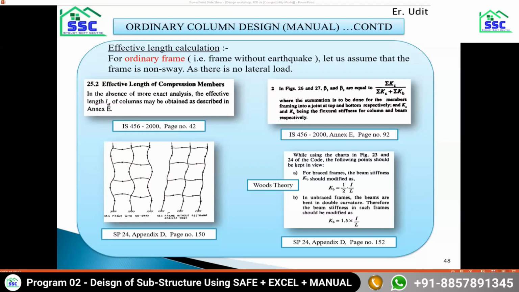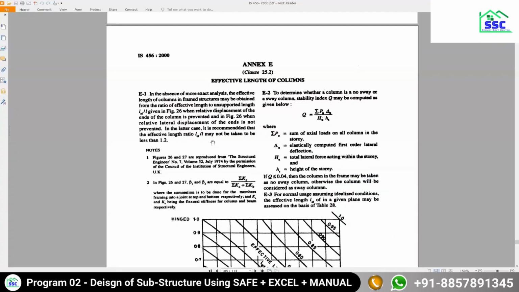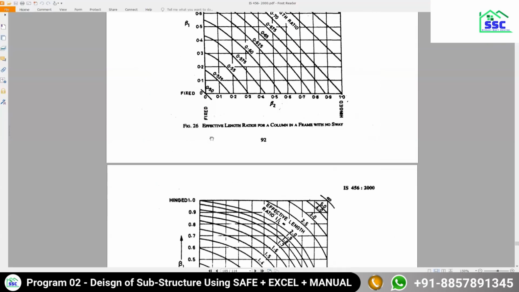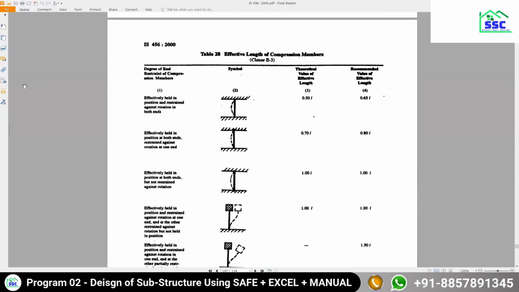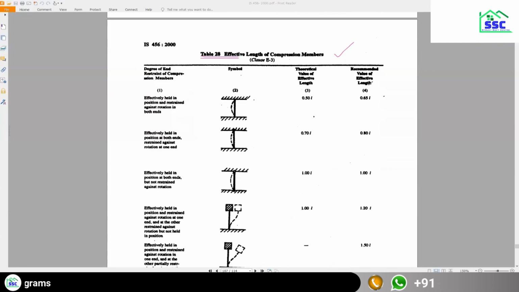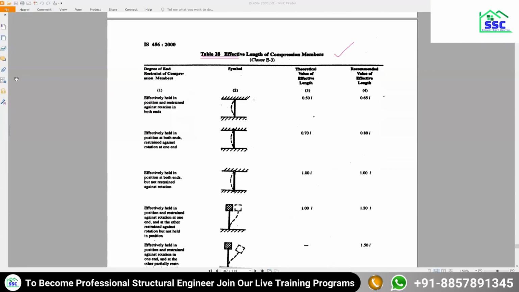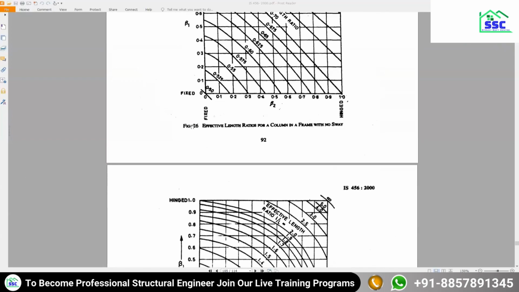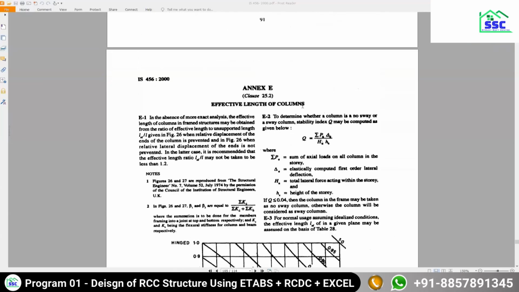Now, many people calculate the effective length using these tables. You will see this quite often. Even in our academics, we use this table for finding the effective length of compression members, but it gives you approximate results. The results are not exact. That is why the code asks you to use Annexure E for calculating the effective length of the column.